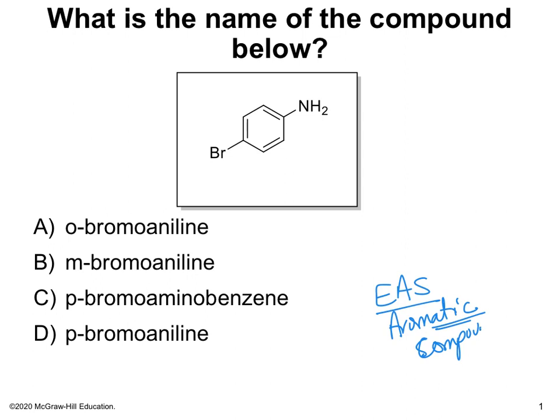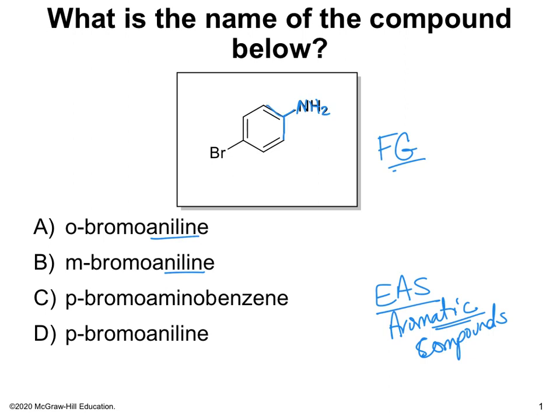Now, aromatic compounds were introduced to you in the previous chapter. You said this is an aromatic compound, and they react a certain way. They are a functional group of their own. And what about the nomenclature here? So hopefully you realize that this portion of the compound is an aniline.